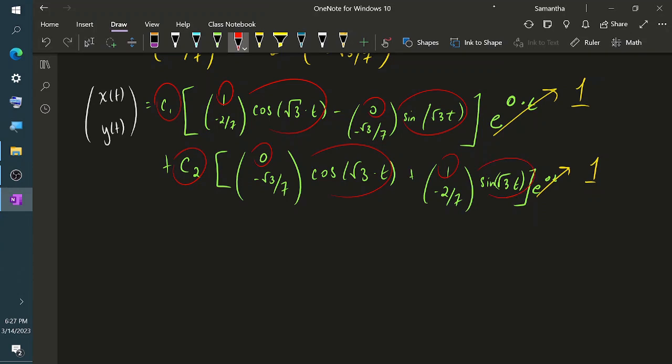To say what is happening with x of t, which is in the top on the left side of the equation, x of t, for example, would be equal to c1 times 1 times cosine minus c1 times 0 times sine, so that vanishes, plus c2 times 0 times cosine, plus c2 times 1 times sine.